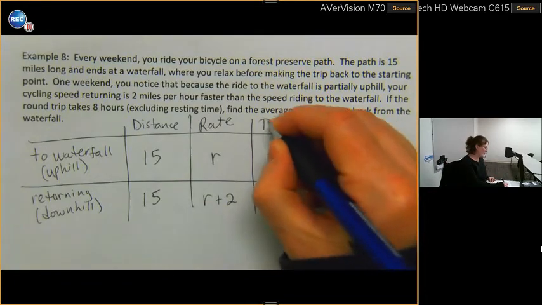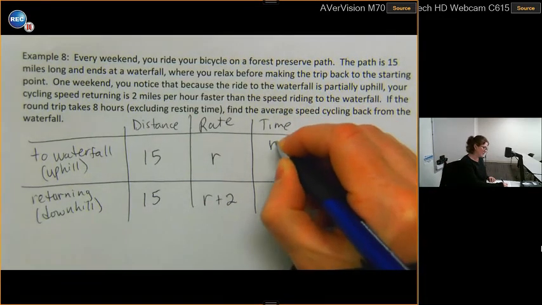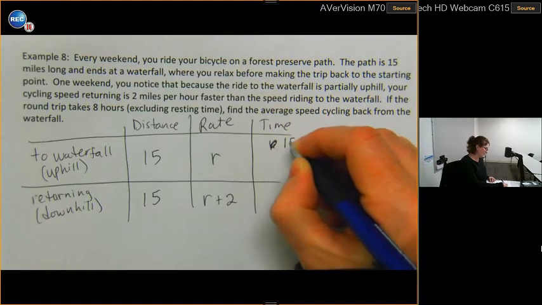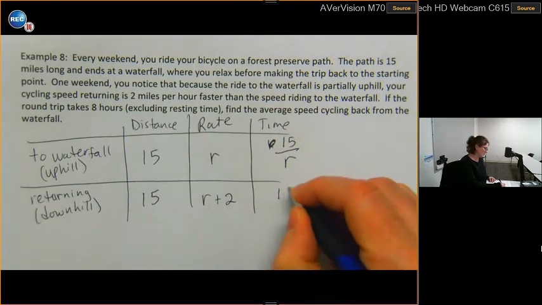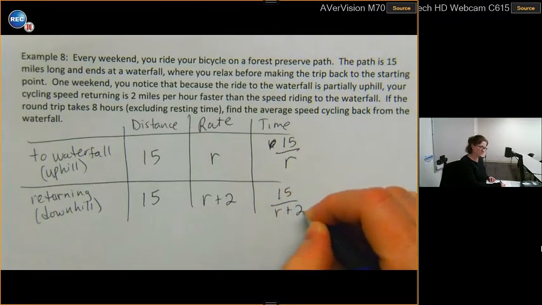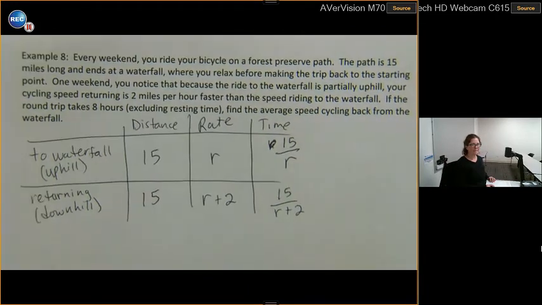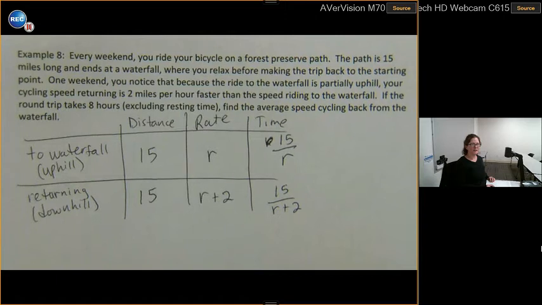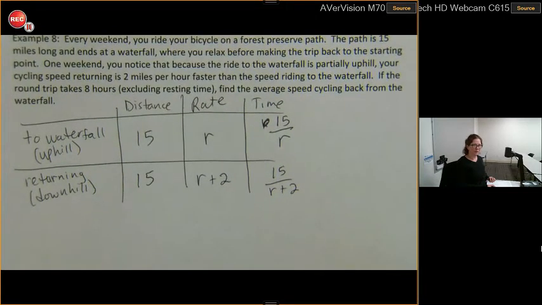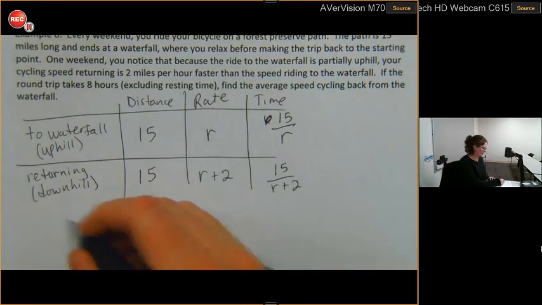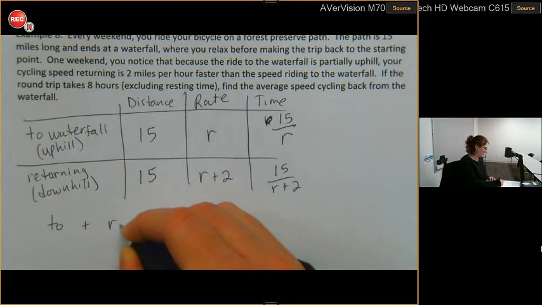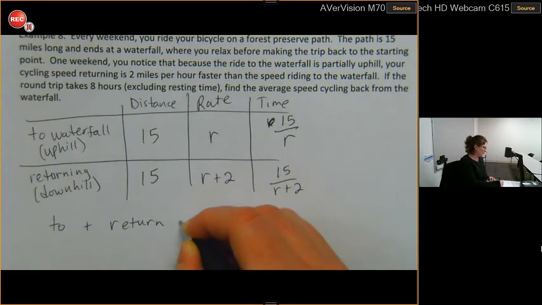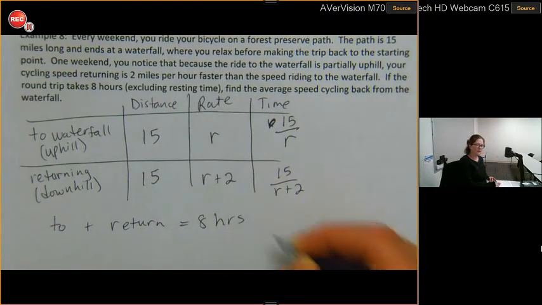So by the formula, the time is going to be distance over rate, distance over rate. Now we don't get to set them equal this time. It says that the round trip takes 8 hours. So that means the going to the waterfall plus the return takes 8 hours.